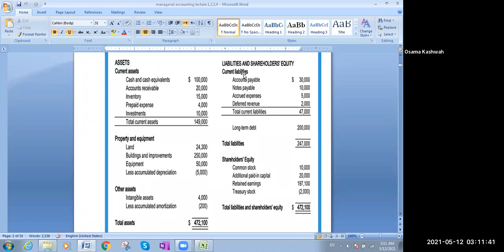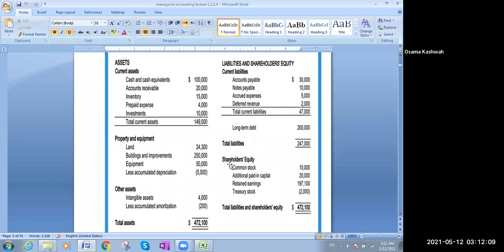Meanwhile, on the side of the liabilities, we have the current liabilities like accounts payable, notes payable, accrued expenses, and deferred revenues. Those make 30,000 plus 10,000 plus 5,000 plus 2,000, which comes to 47,000. We also add to them the long-term debts, which is $200,000. Then that will be the total liabilities.